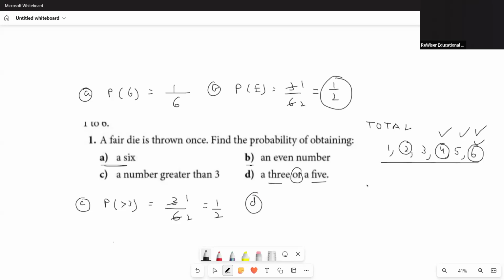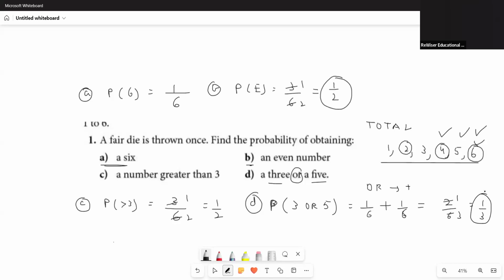So please remember, or means addition. The probability of getting 3 is 1 by 6, and the probability of getting 5 is also 1 by 6. So we add these two and we get 2 by 6. Again, we'll reduce it to the simplified form. So the answer has to be 1 by 3.